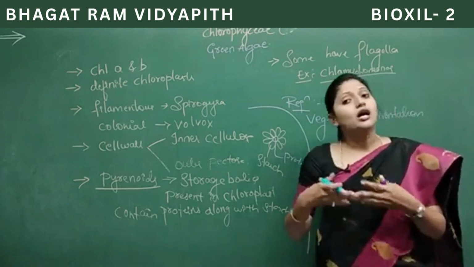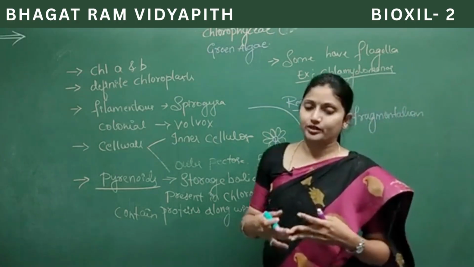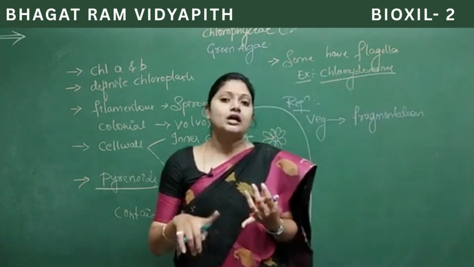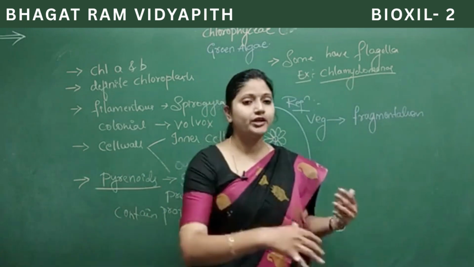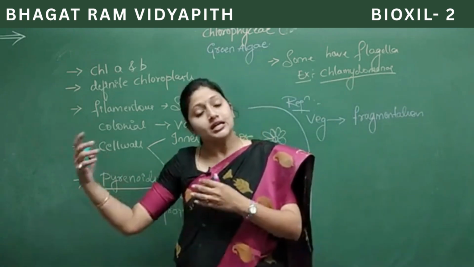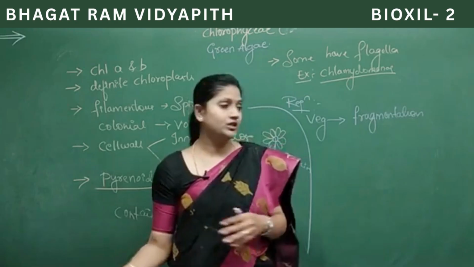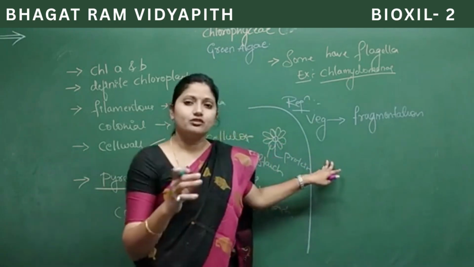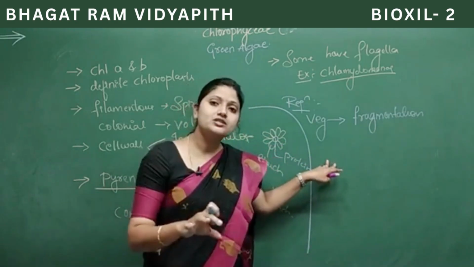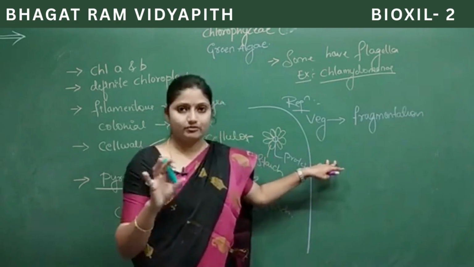Then moving on to the asexual mode of reproduction. The reproduction actually remains the same: vegetative, asexual and then sexual. But we will see if there are any small changes, and then we will definitely make a note of it.